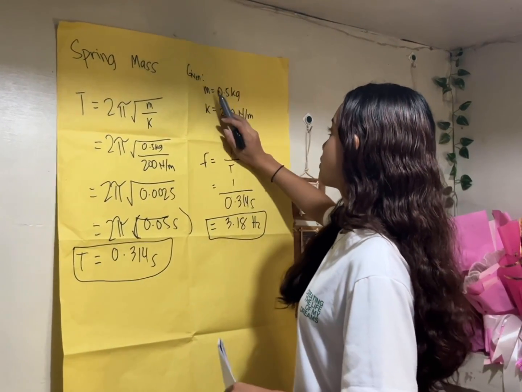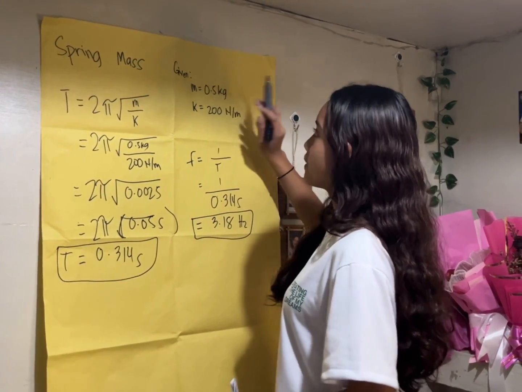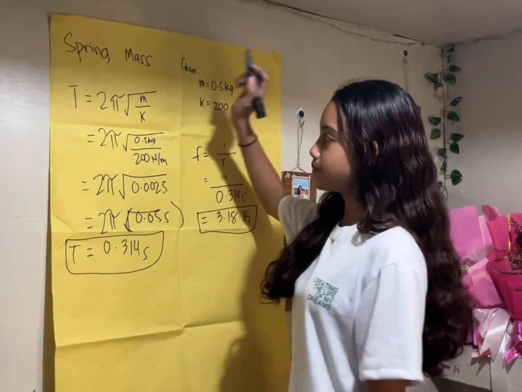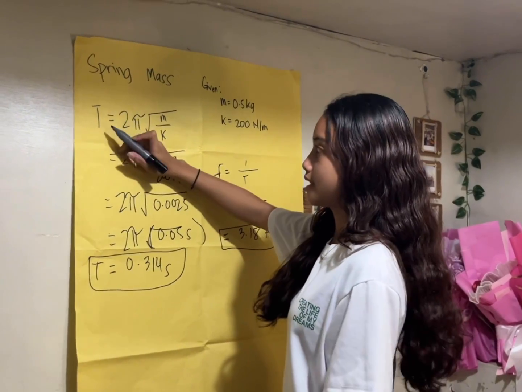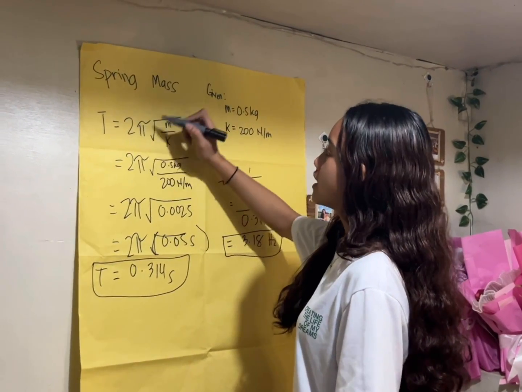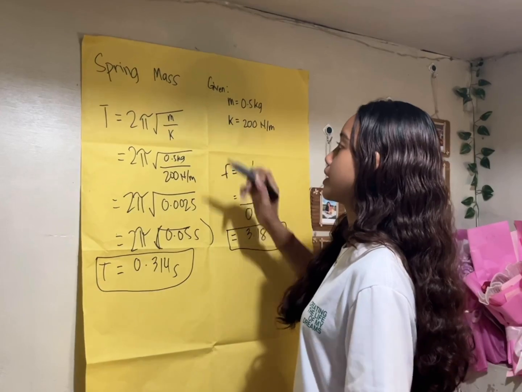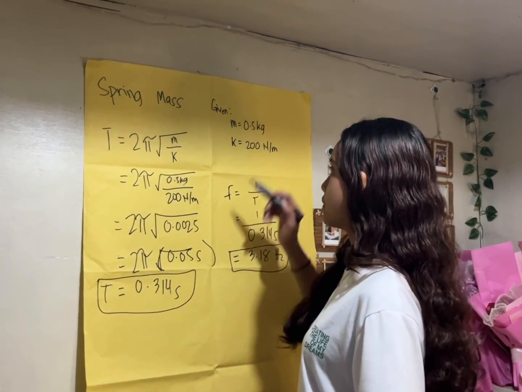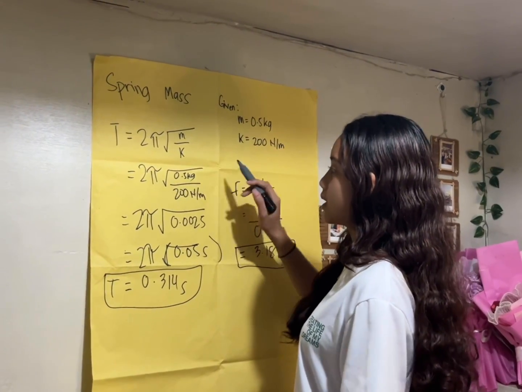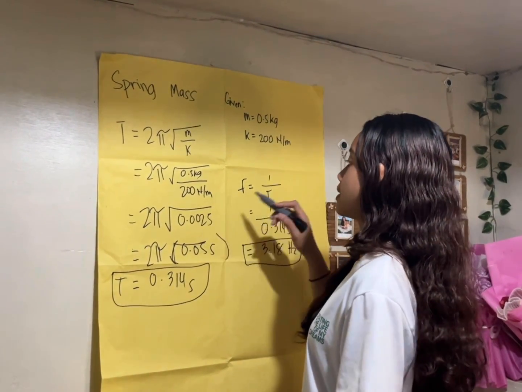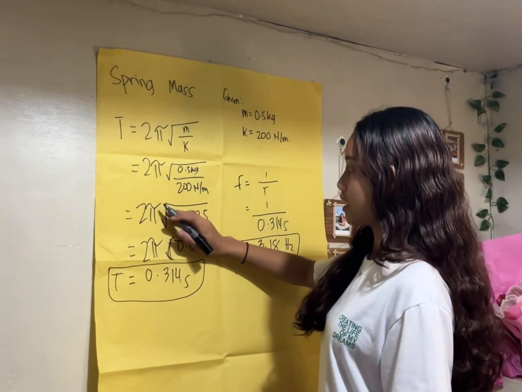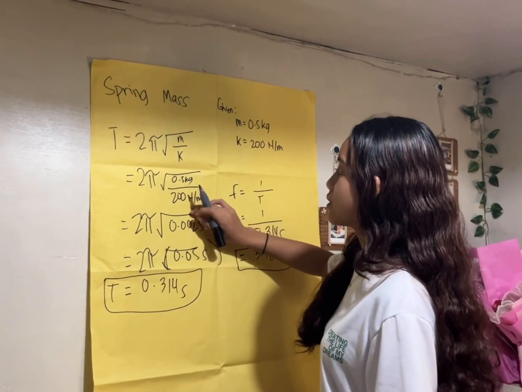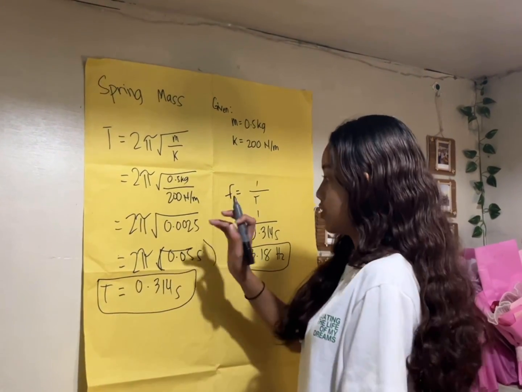The given is m equal to 0.5 kilogram and k equal to 200 Newtons per meter. The formula is T equals 2 pi square root of m over k. Next is 2 pi square root of 0.5 kilogram over 200 Newtons per meter, which is equal to 0.0025.